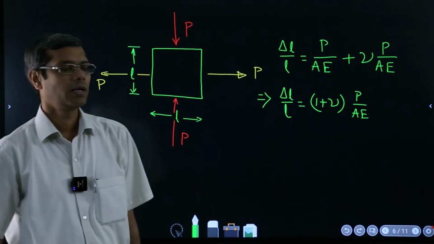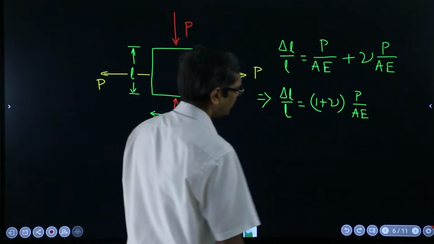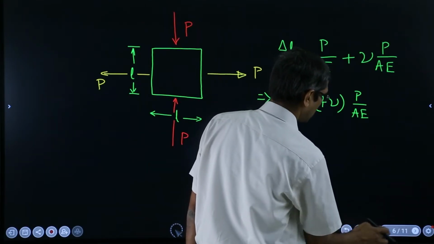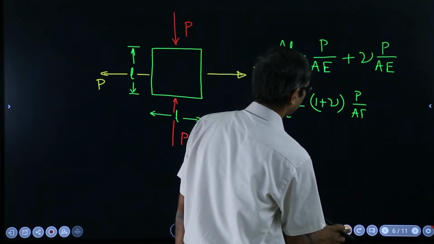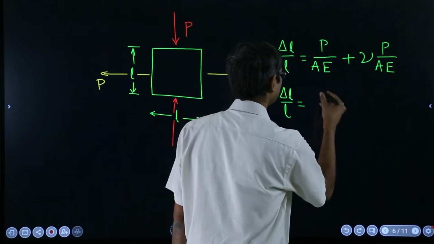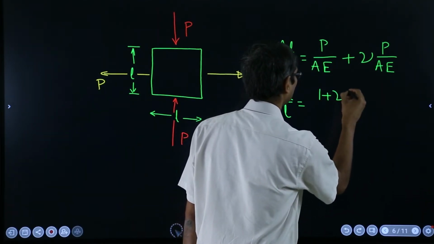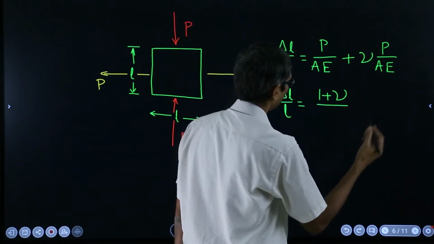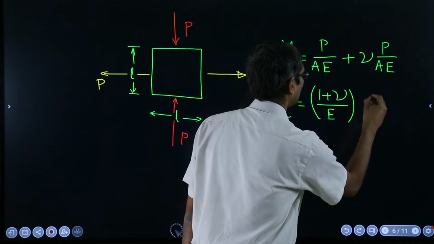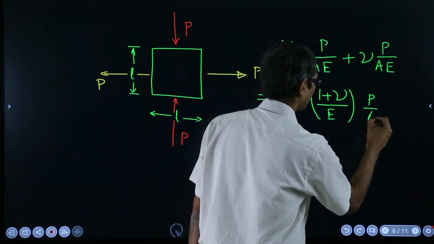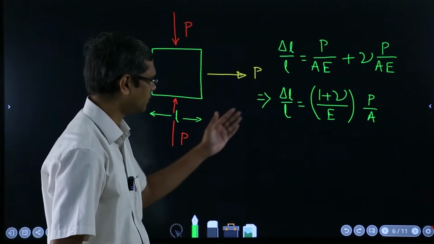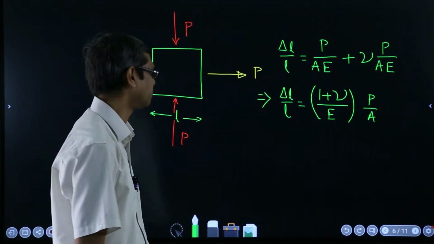Or in fact, I would write it in a slightly different form: 1 plus nu, just for sake of style, times P over A, because this kind of expression we will get somewhere else and we will match them.